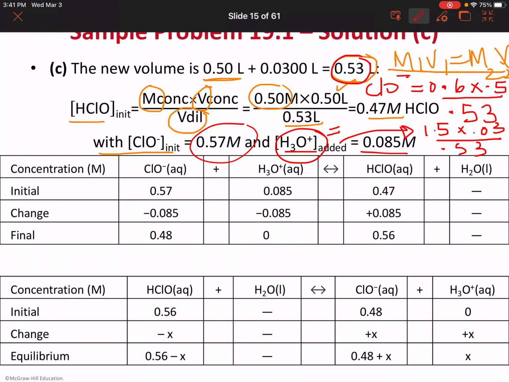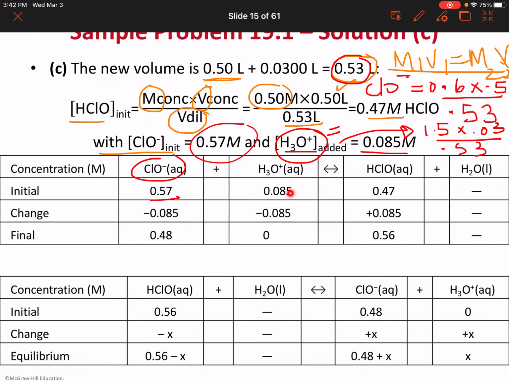Now you use that in our table. Initial concentration 0.57, which we calculated. Hydronium ion concentration 0.085, and HClO initially we have 0.47. Now the hydronium ion is going to react with the conjugate base. That's why we wrote our equation like this: hydronium plus the hypochlorite anion.